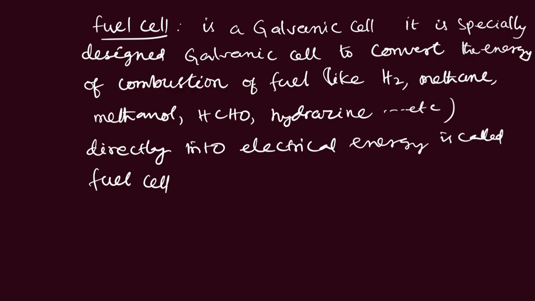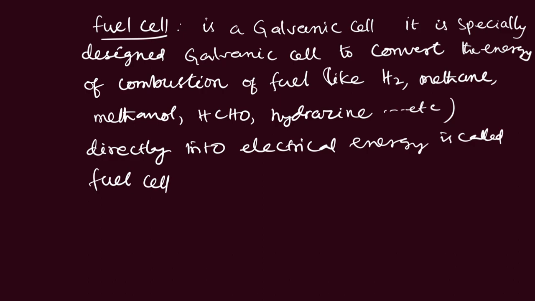Once again, fuel cell is which one? A galvanic cell. It is a specially designed galvanic cell to convert the energy of combustion of fuel. Which fuel are we using here? Hydrogen, methane, methanol, formaldehyde, hydrazine, anyone. Then this heat of combustion is directly converted into electrical energy. That is called a fuel cell.